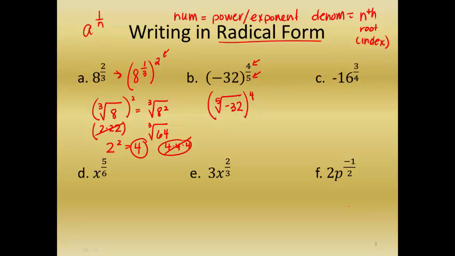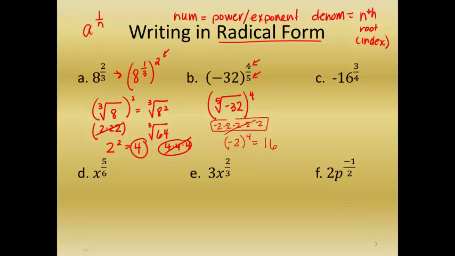But when I have it on the outside, it reminds me to take care of the 5th root first. And the 5th root of negative 32 is negative 2 times negative 2, negative 2, and another negative 2. 1, 2, 3, 4, 5. That's 2, 4, 8, 16, 32. There's my 5th root. Now I'm going to take that and raise it to the 4th power. Don't forget parentheses. The outcome of this is positive 16.